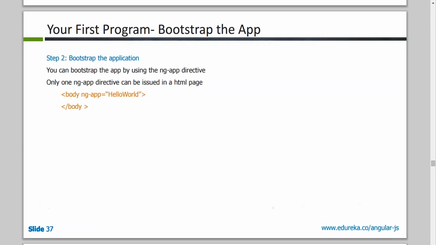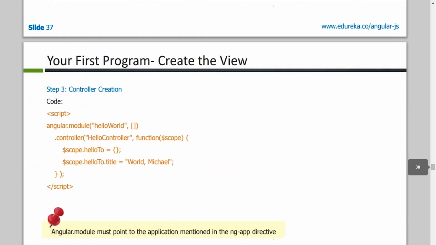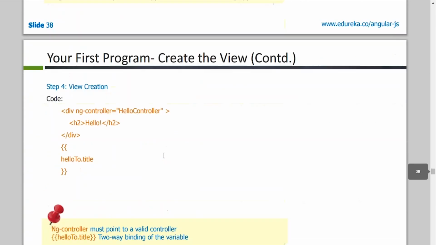That is also fine, but ng-app suits most of our purposes. It will not throw up an error. We created a controller and we assigned a model to the scope. Remember, the $scope dependency injection is compulsory. There are methods to avoid it, but at this particular point of time, remember, it's compulsory. And we use an expression to print that particular controller.